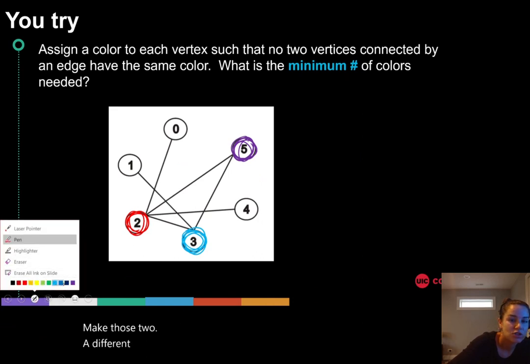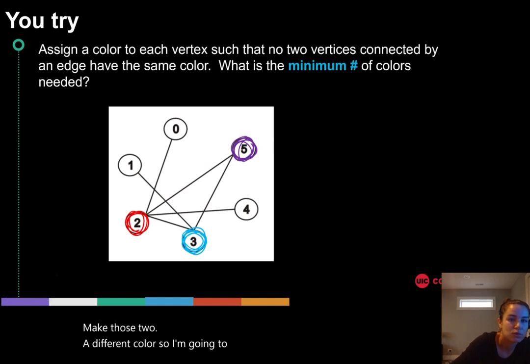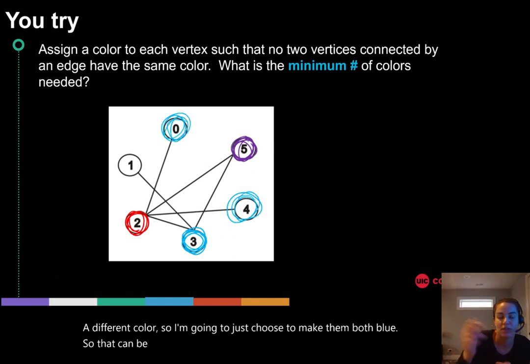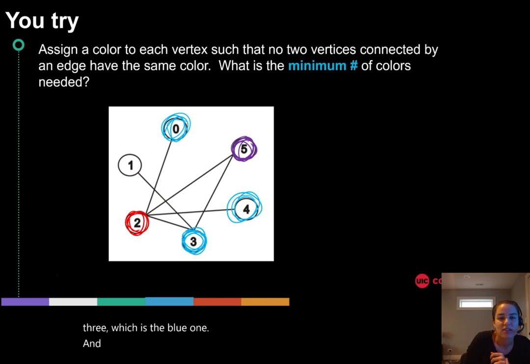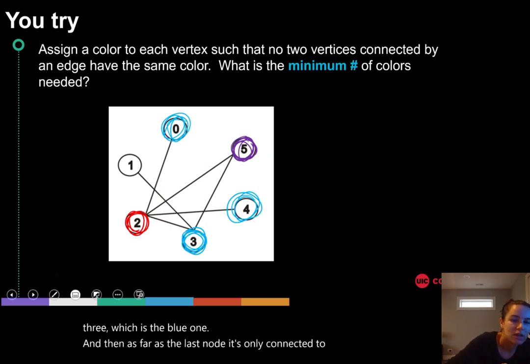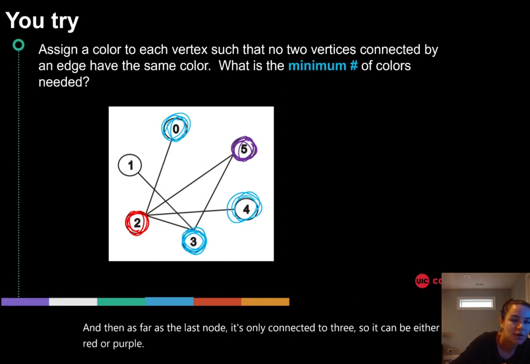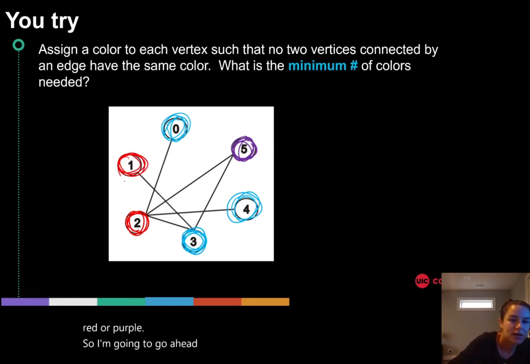So I'm going to just choose to make them both blue. So that can be blue and that can be blue because 0 and 4 are not connected to 3, which is the blue one. And then as far as the last node, it's only connected to 3, so it can be either red or purple. So I'm going to go ahead and make it red.